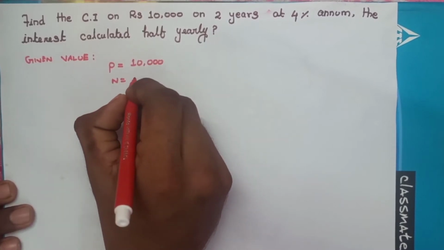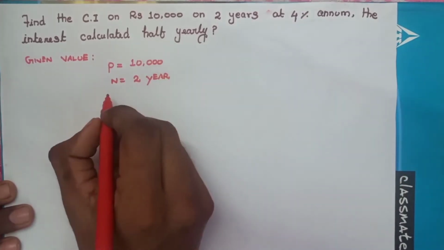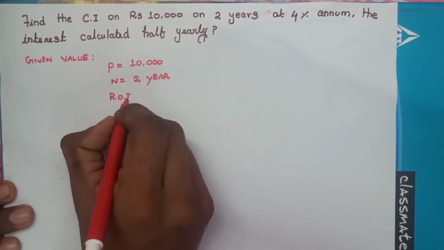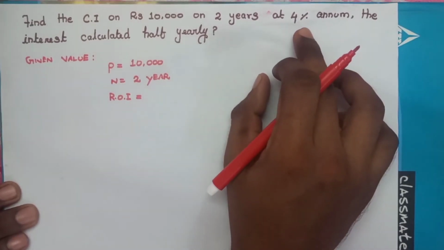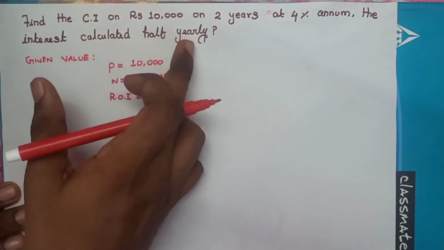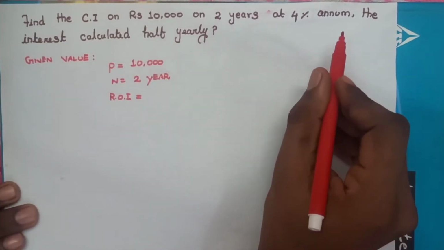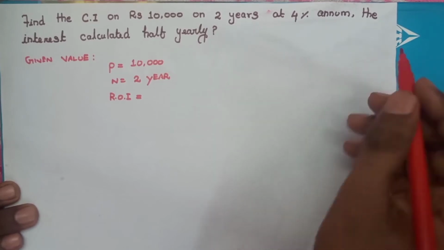N equal to number of years, 2 years. And rate of interest. Here, just keep in mind, rate of interest is obviously 4% per annum, but they have asked for interest calculated half yearly. If the 1 year percentage is 4%, then the half year percentage is obviously 2%, right?